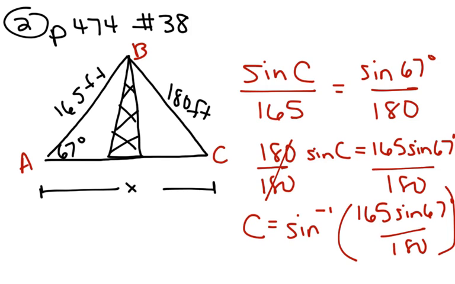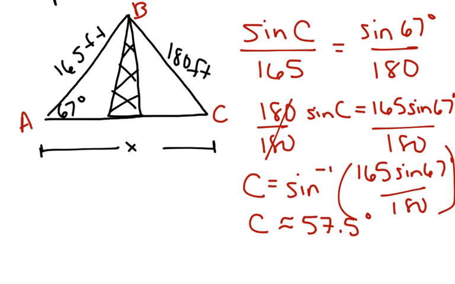And when I do that, I find out that C is approximately 57.5 degrees. Well, now that I know angle C, I can figure out angle B by subtracting 180 minus 67 minus 57.5. And I find out that angle B is 55.5 degrees.